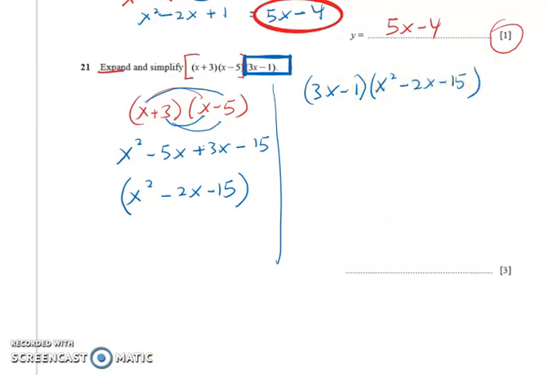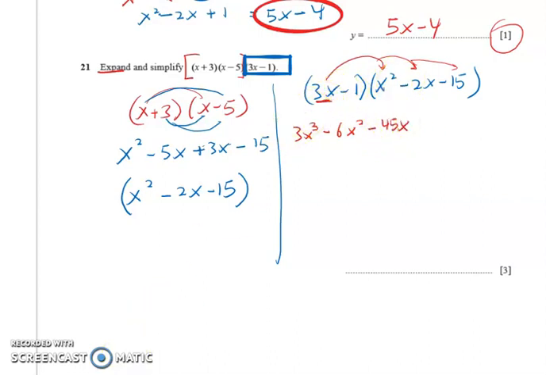Okay, first we choose this 3x, we multiply every term in the second bracket, so we are getting here 3x cube, x multiplied with x square, so here we're getting minus 6x square and minus 45x. Okay, this is from the 3x.